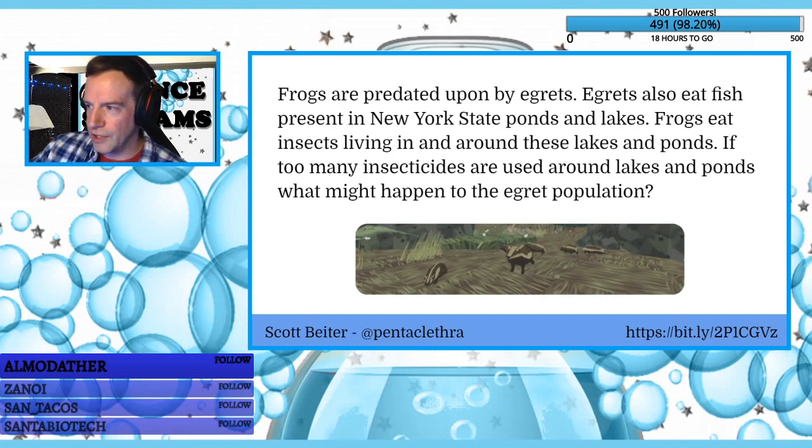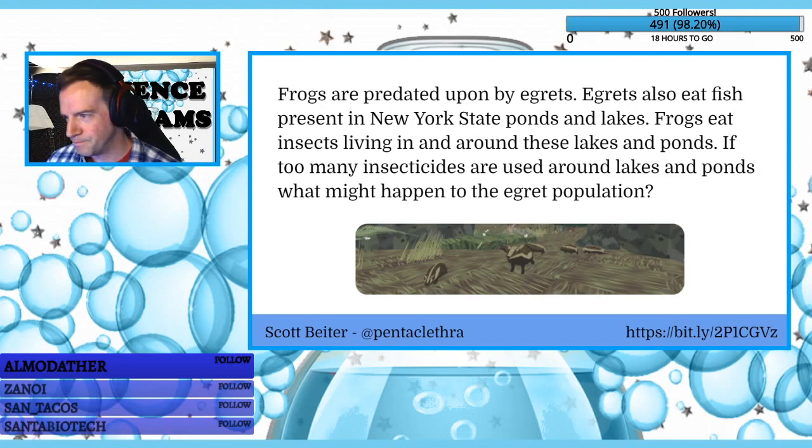And then I would have to draw the arrows to show the energy of what's eating what to find out what would happen. So there are a lot of steps to this, which can make it really complicated for some students that have trouble with that abstract thinking. And they can get caught up on things like, what is an egret?